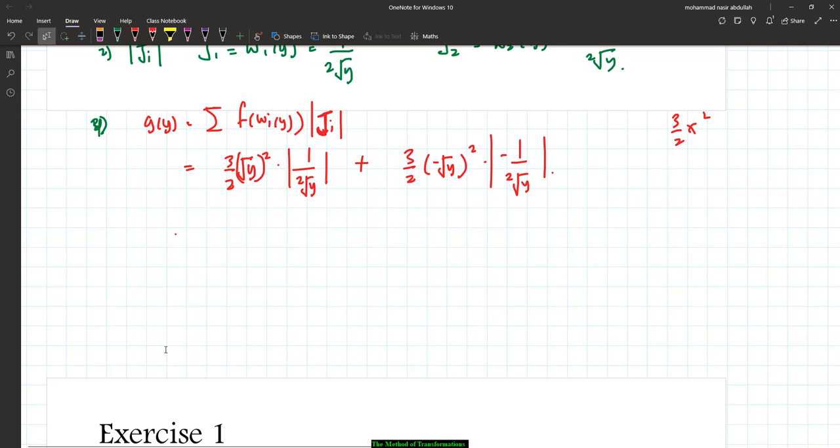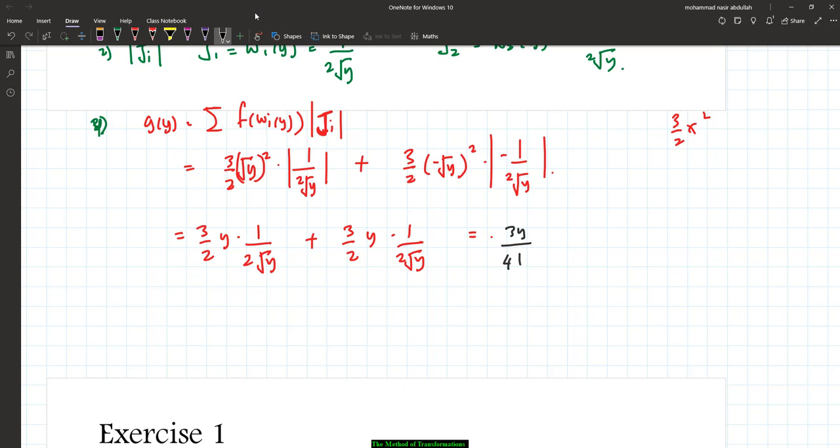Okay? So this one should be 3 over 2 multiply with y multiply with 1 over 2 square root of y, plus 3 over 2 y multiply with 1 over 2 square root of y. Right? Boleh? So this one should be 3y divided by 4 square root of y plus 3y divided by 4 square root of y.